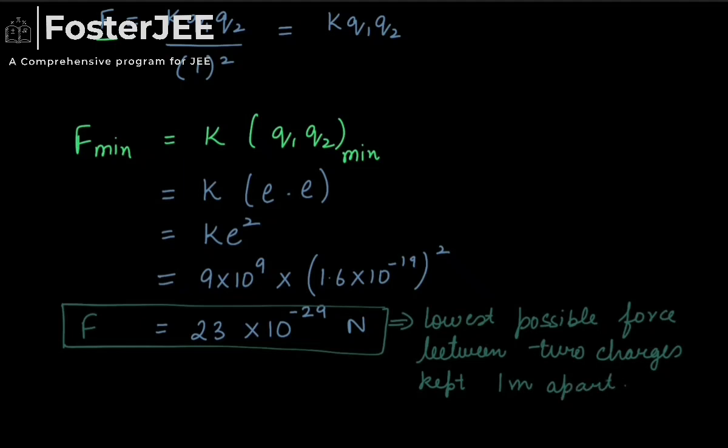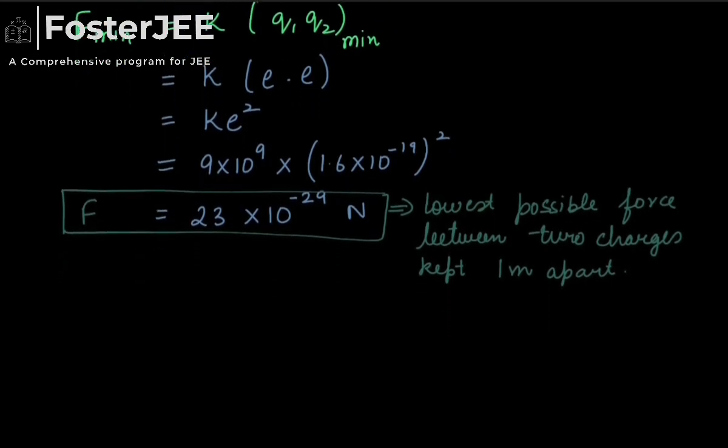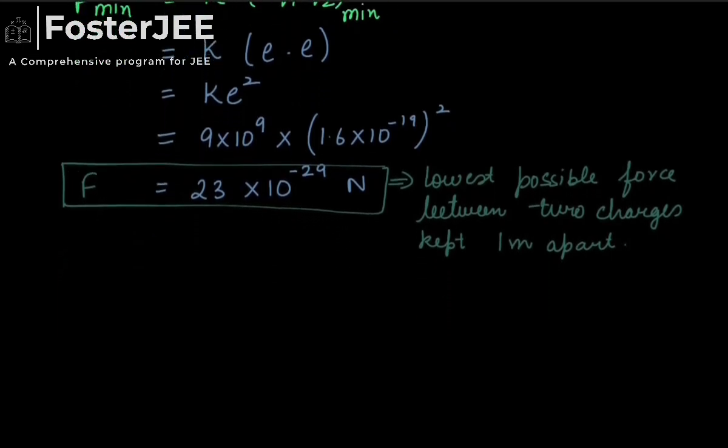Now, a doubt arises that since there is a lower limit for the force of electrostatics, is there any upper limit also? But till date, there is no such information about the maximum charge possible on matter.